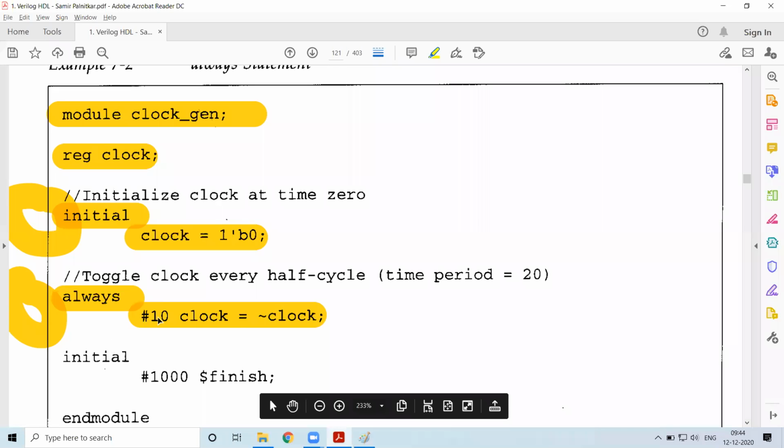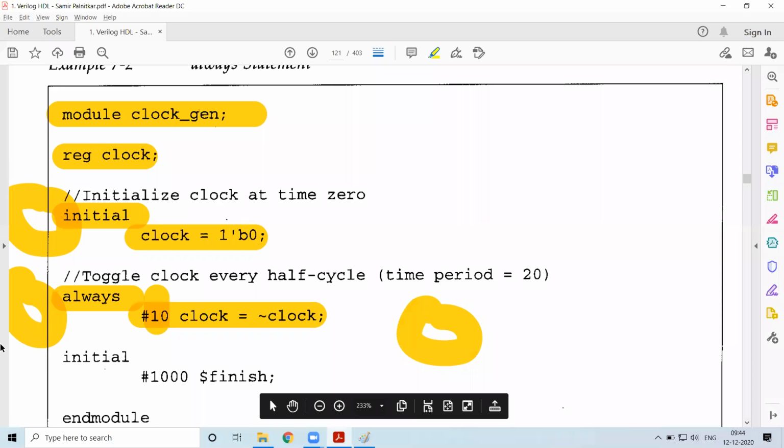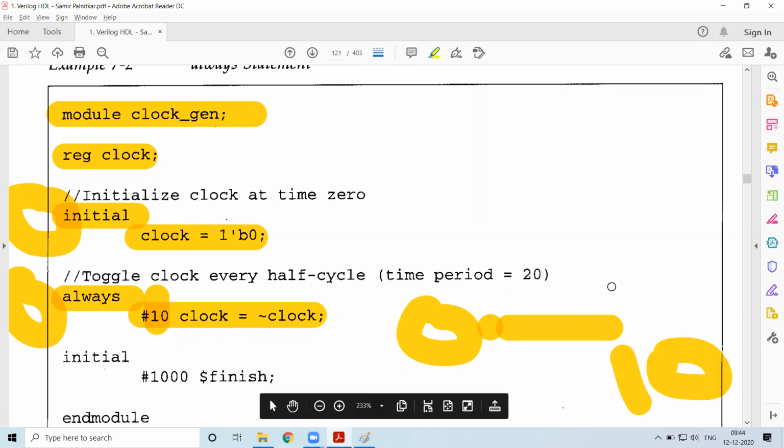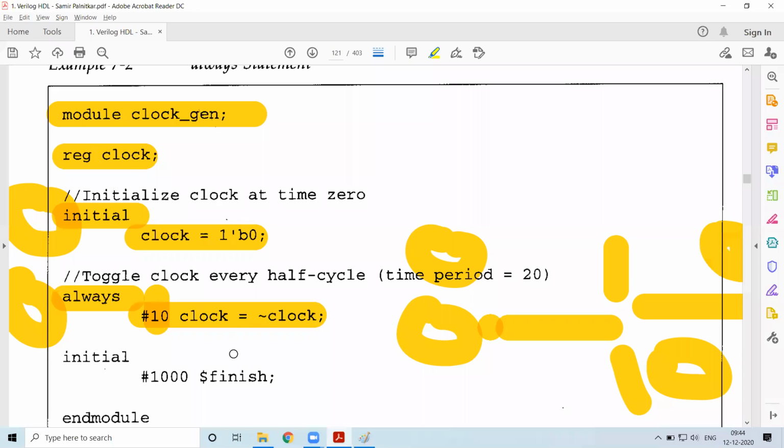Here there is a delay specified, that is #10, so this statement gets executed only after 10 time units. At the 10th time unit, the clock becomes 1, and after another 10 time units, it becomes 0. This will be executed again and again.